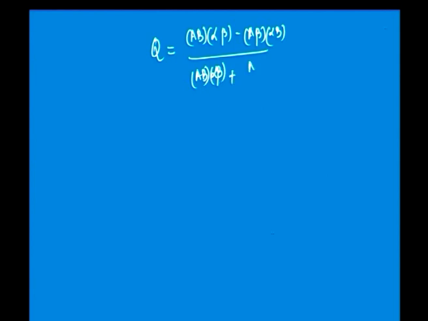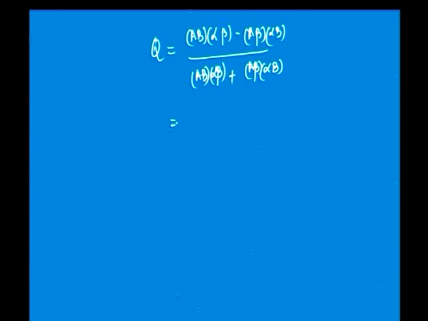Yule's coefficient of association is denoted as Q, and the formula is AB into alpha beta minus A beta into alpha B. The same thing in the denominator, AB into alpha beta, but with a plus sign, A beta into alpha B. We will substitute all the values given in the question and check whether you have all the information.